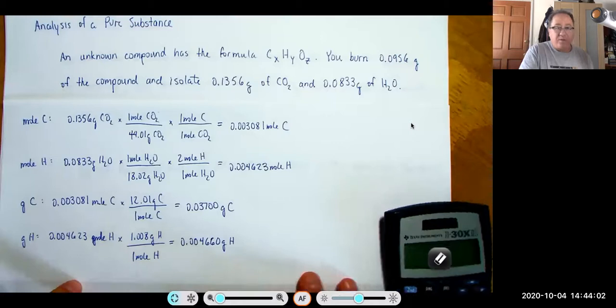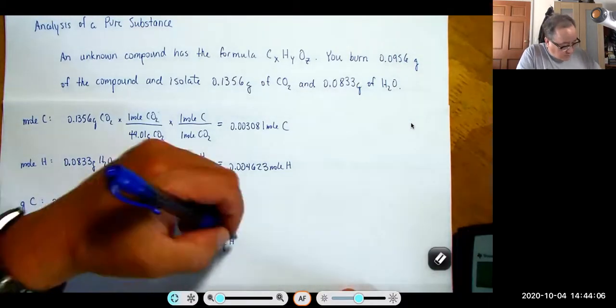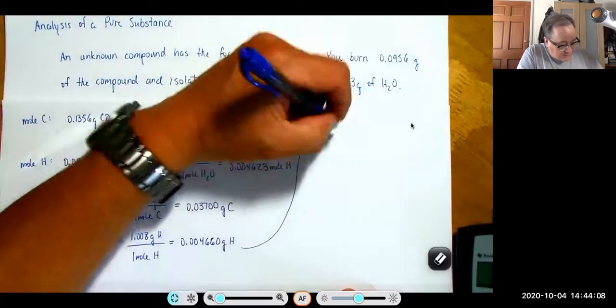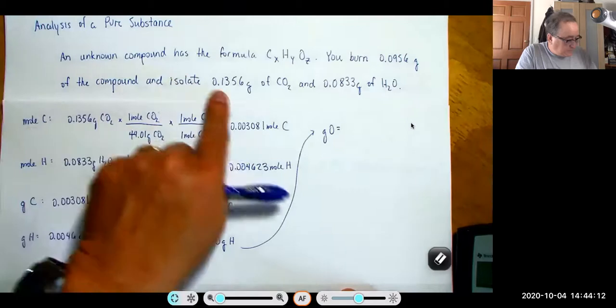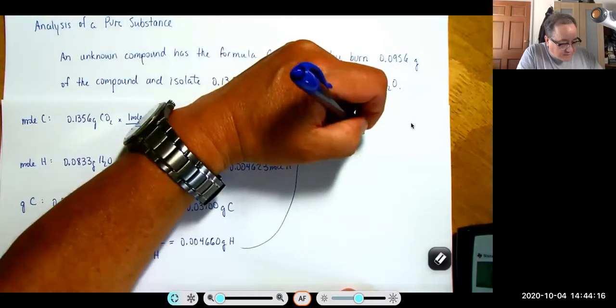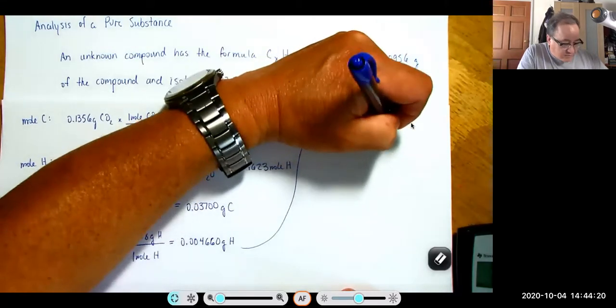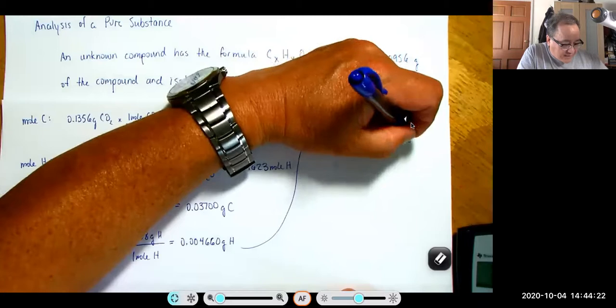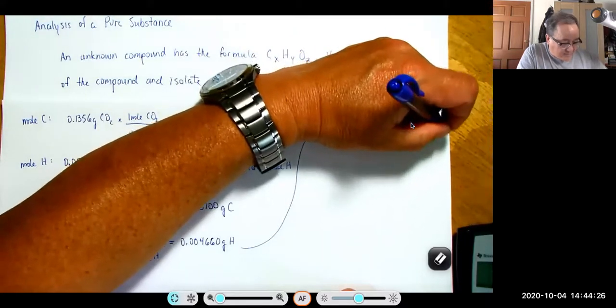And then what we're going to do is we're now going to get the grams of oxygen. So I'm going to put my work up to here. The grams of oxygen is going to equal 0.0956 grams minus 0.03700 grams and minus 0.004660 grams.